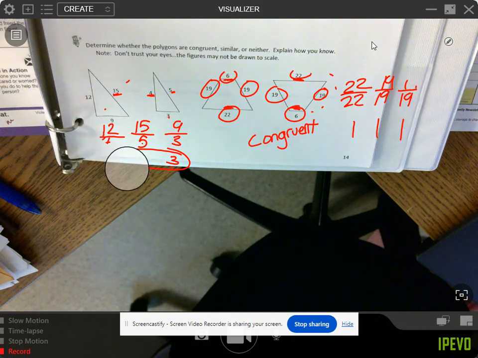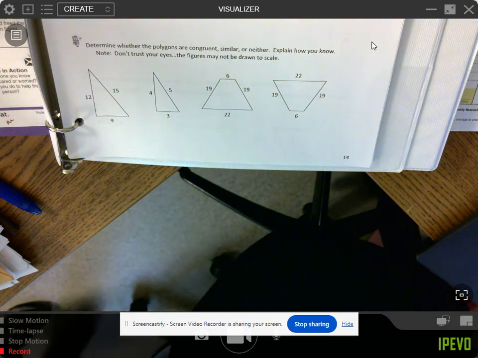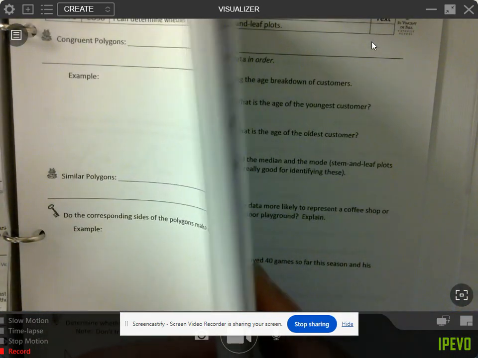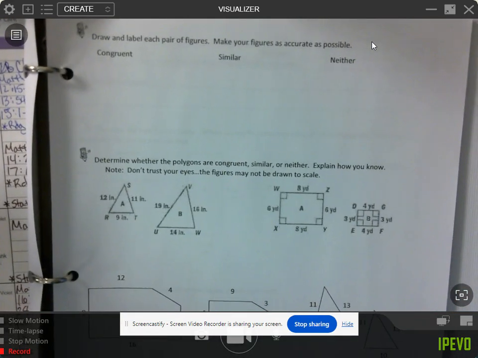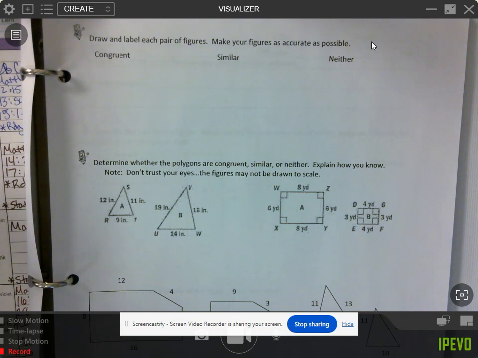So let's look at our work page. Top directions say draw and label each pair of figures. Make your figures as accurate as possible. So you are going to have to draw and label because we don't ever say, well, they look the same.